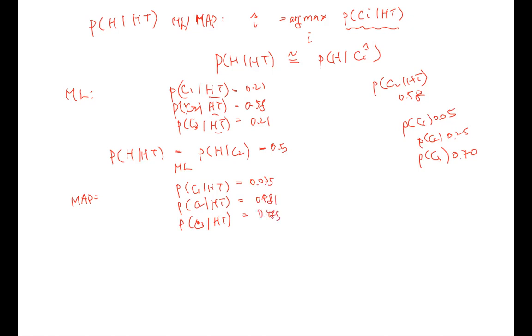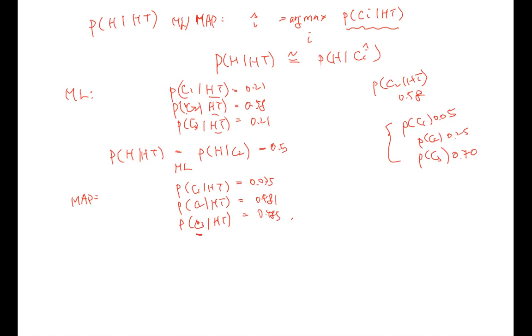Because in this case we have the prior, knowing that there are many more coin 3 than the other coins, it skews the distribution. So even though the observation is head and tail, it's still more likely to be coin 3.